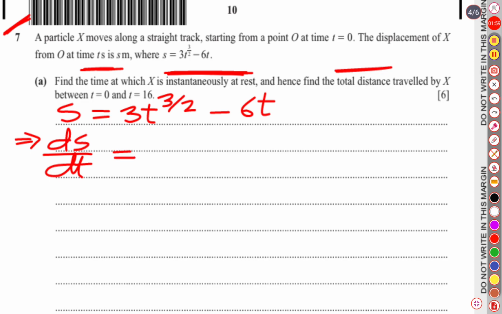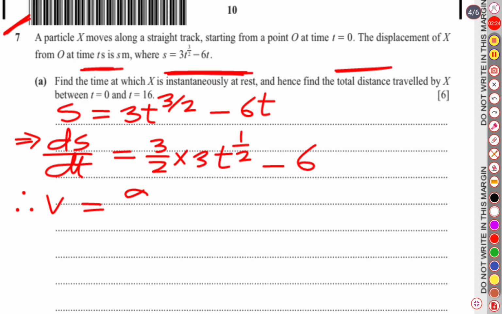It is going to be 3 over 2 into 3, and the power of t decreases by 1, so it is going to be half, minus 6. Hence our expression for v is 9 over 2, meaning 4.5, square root of t, minus 6.